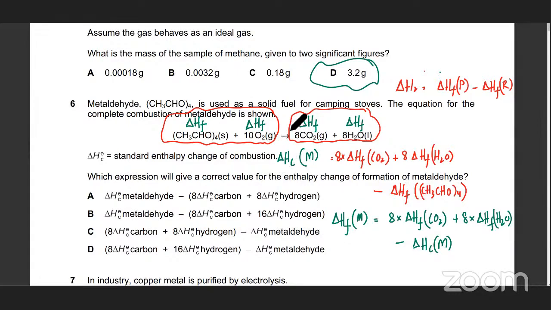That's equal to the enthalpy of this reaction, which is the enthalpy of combustion of metaldehyde, because metaldehyde is being burned in oxygen to produce carbon dioxide. And I made enthalpy of formation the subject of the equation, which is why I got this.